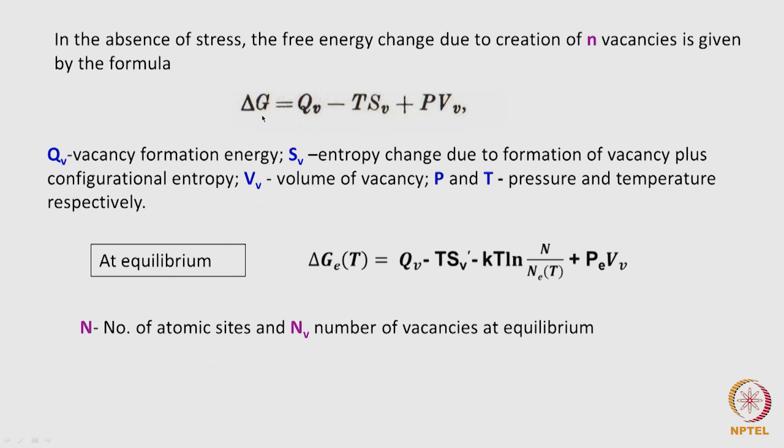These together decide the free energy change, correct? So here, N is the number of atomic sites, Ne into T is the number of equilibrium vacancies which are generated, and Pe is the equilibrium pressure, the normal pressure. All the terms have been explained earlier now.